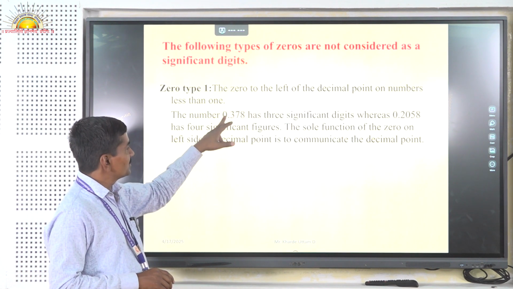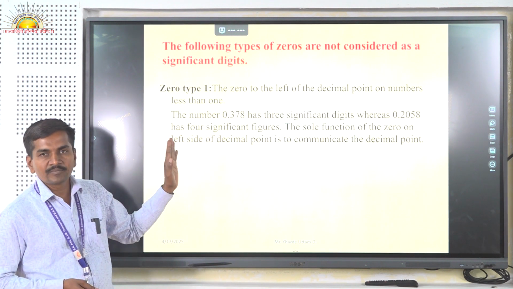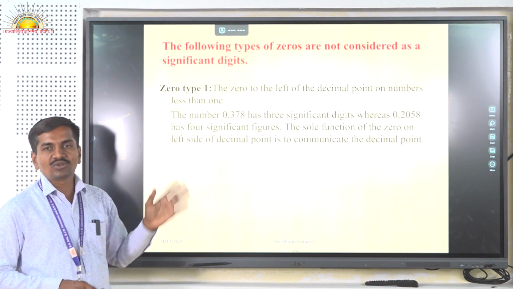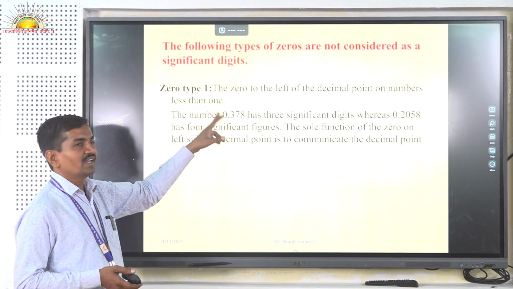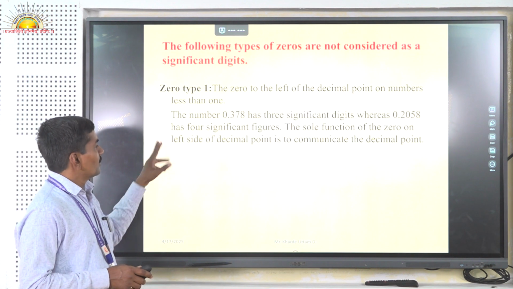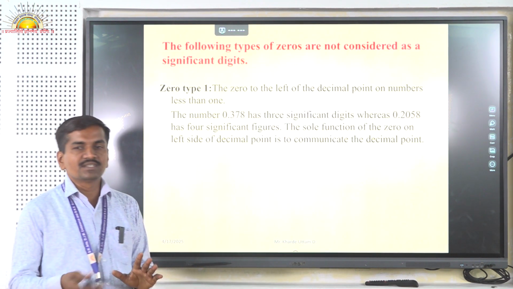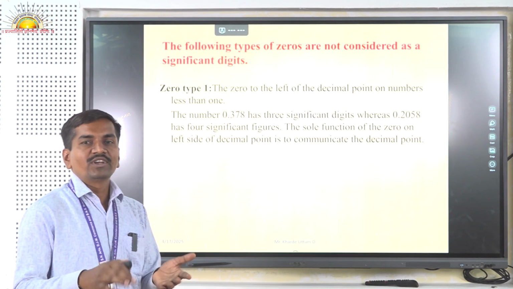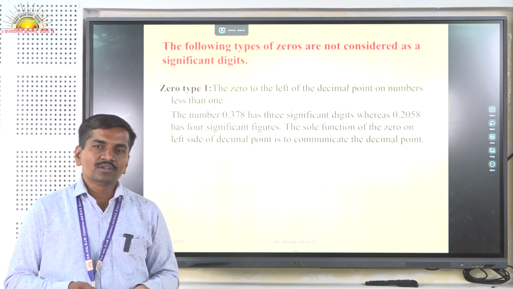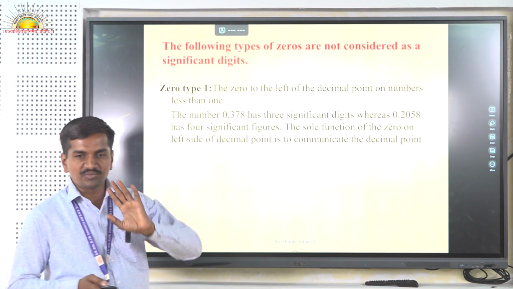In this number the 0 appears before the decimal point, and therefore that 0 is not considered a significant digit. The sole function of that 0 on the left side of the decimal point is to communicate the decimal point, therefore we will not consider that 0 as a significant figure.